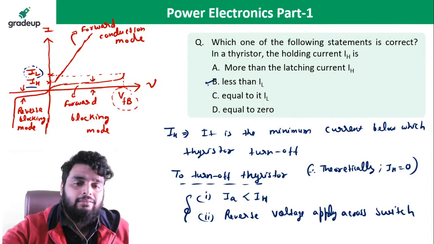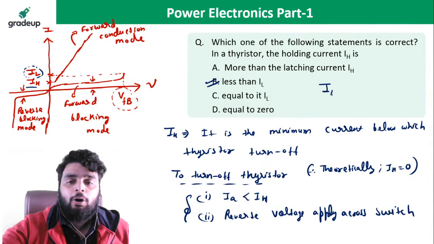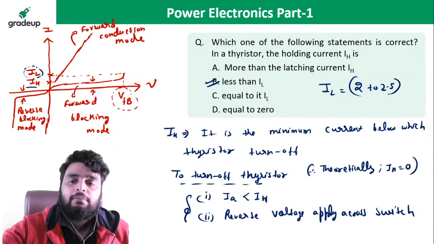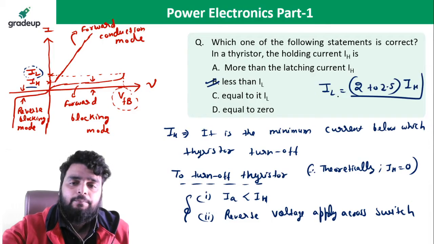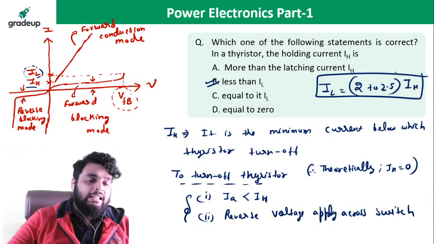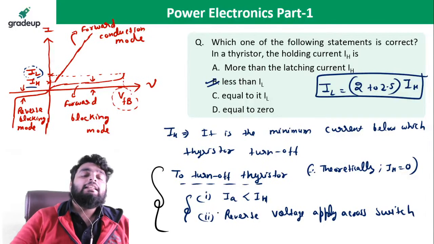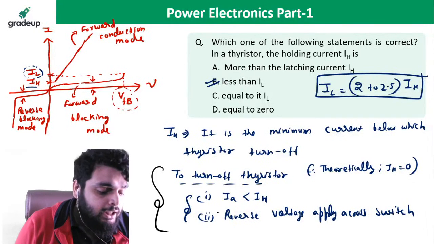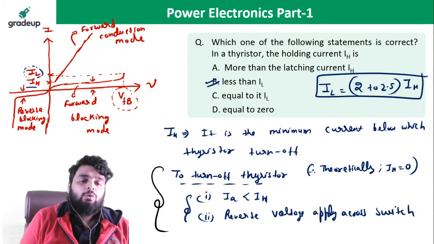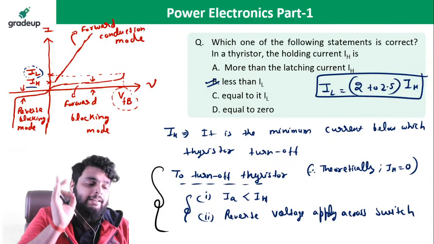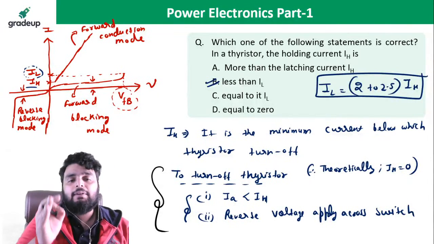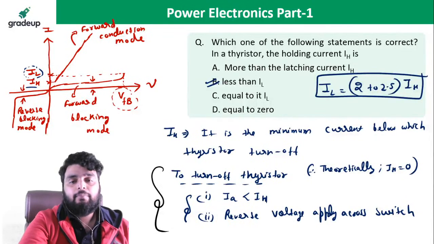One more important relation: IL is 2 to 2.5 times the holding current. But remember, these conditions are very, very important: to turn off the thyristor, your anode current must be less than the holding current and a reverse voltage must be applied across the switch, both at the same time.